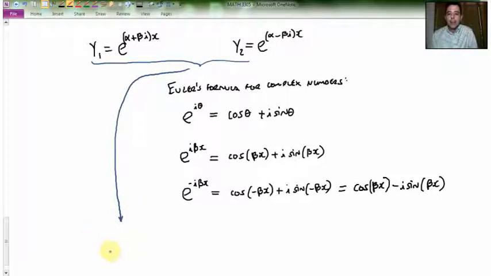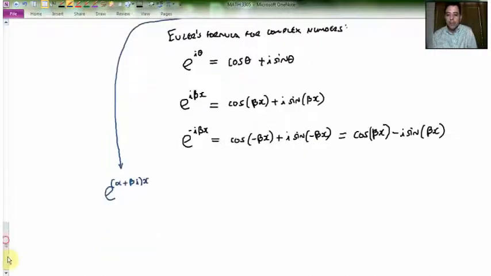So here we have e to the alpha plus beta i x, okay, so this would be e to the alpha x times e to the beta i x, or i beta x, whatever. This would be e to the alpha x, and then look at this thing here. That's exactly this one here.